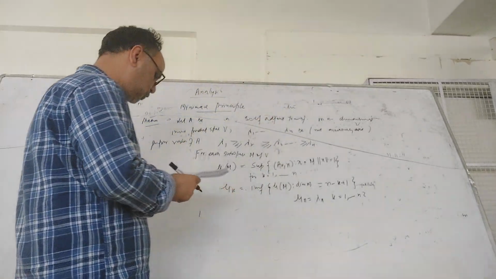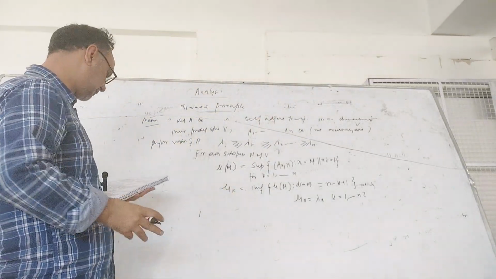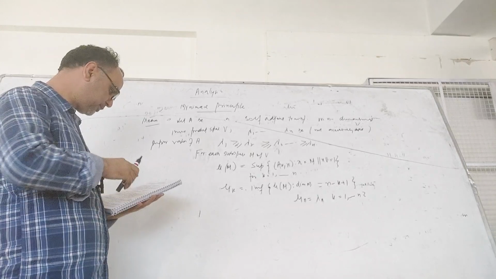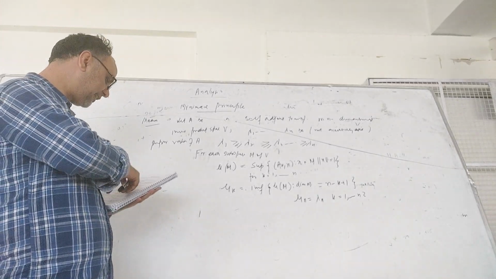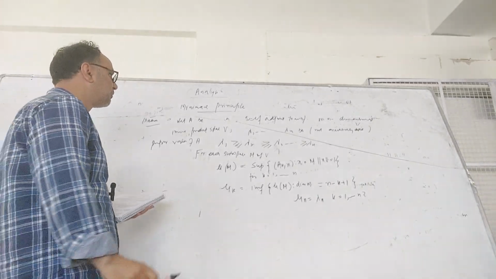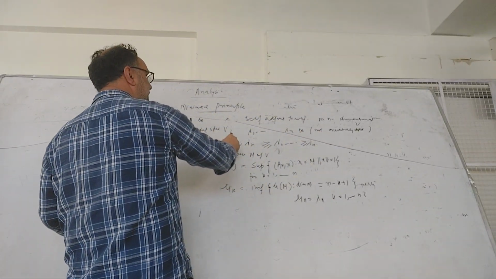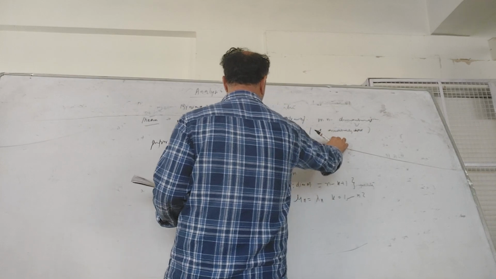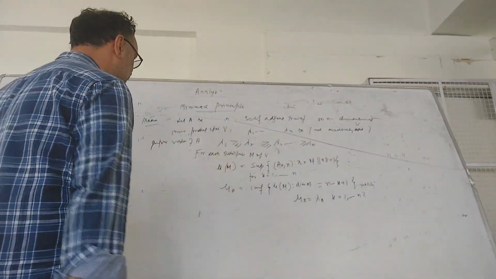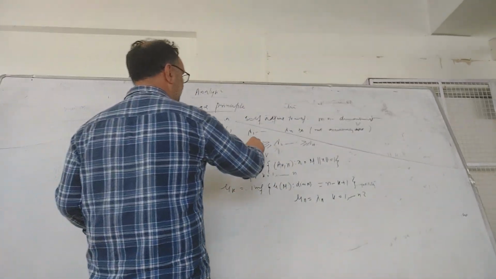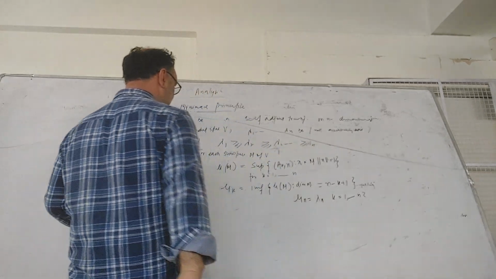So I'll just repeat what the theorem says: A is a self-adjoint transformation of an n-dimensional inner product space, and the lambdas are not necessarily distinct, they can have different values.